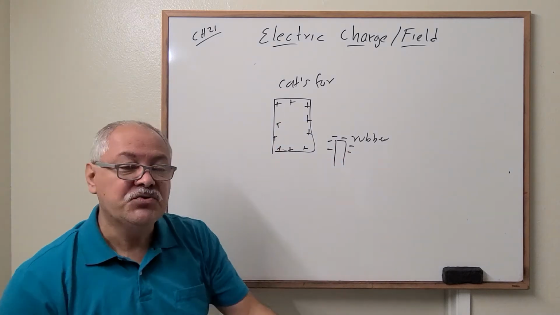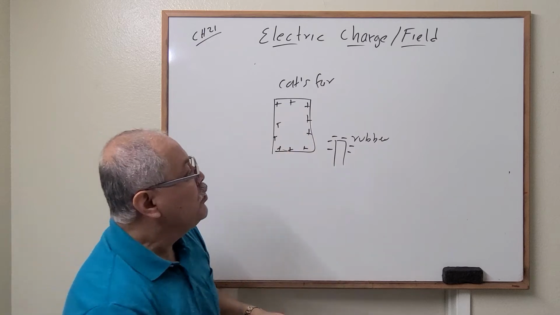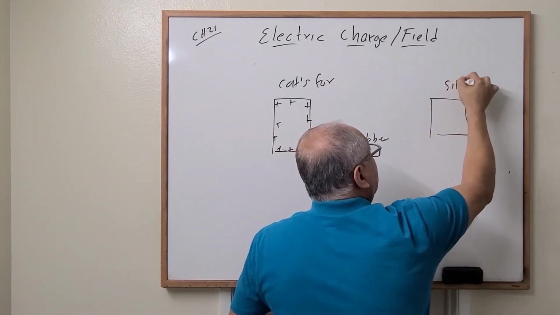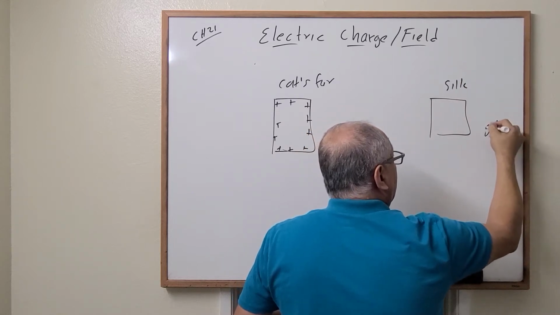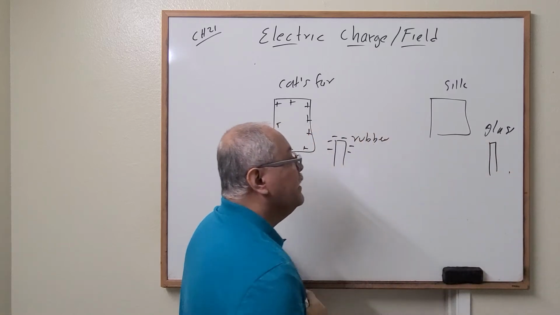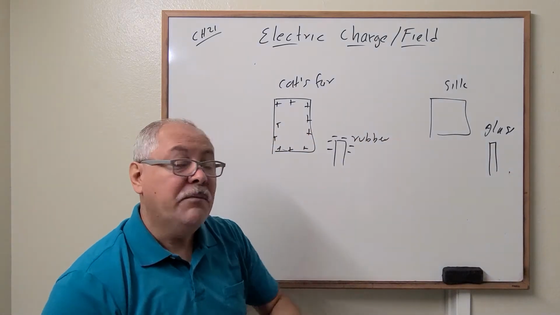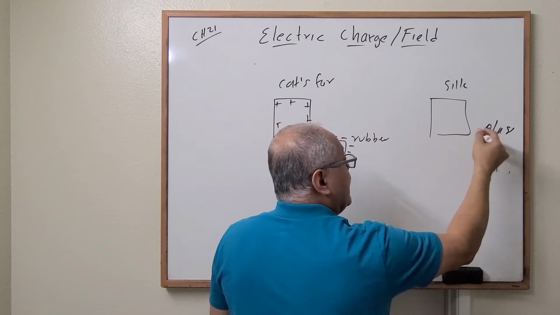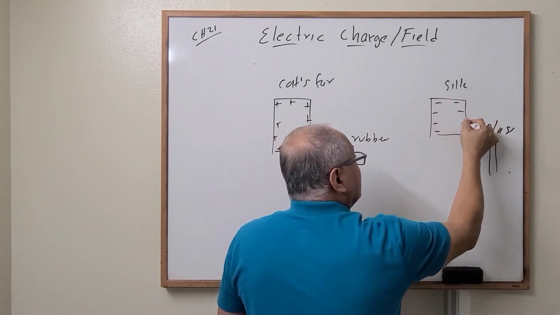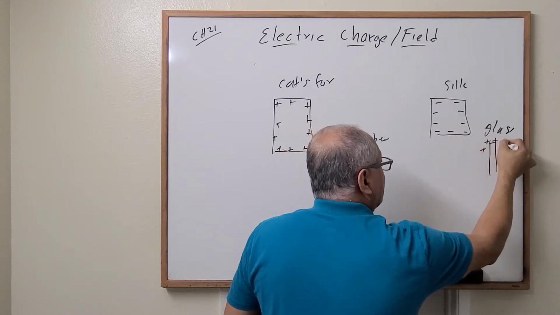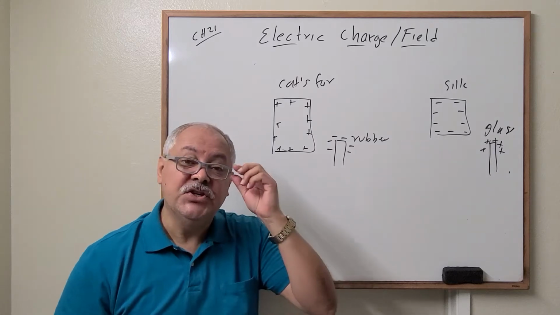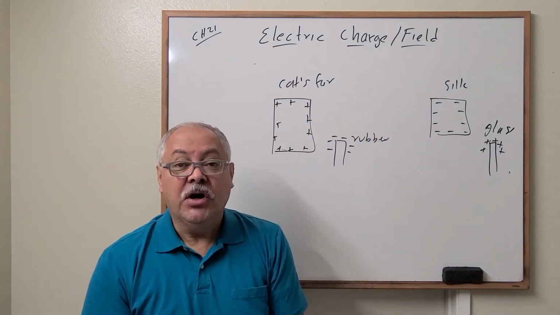We have another convention. In case we don't have these materials, we have a silk and glass. Imagine this is glass right here. The same thing, but now the convention is the opposite. If we charge this by friction, at the end the silk becomes negatively charged and the glass becomes positively charged. We have these two conventions to differentiate the charge.